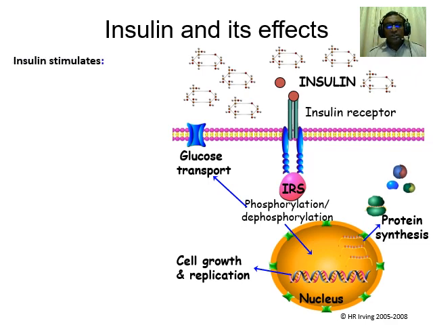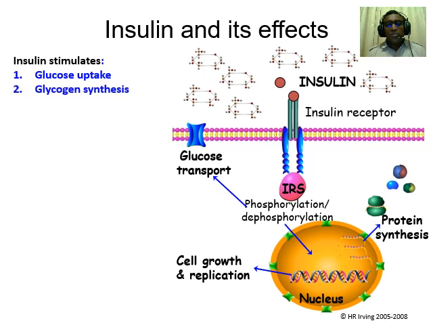When IRS is activated, it can cause stimulation of various actions, including glucose uptake, where IRS will activate glucose transporters, also known as GLUT, causing the channel to open so glucose can come in from the bloodstream into the muscle.